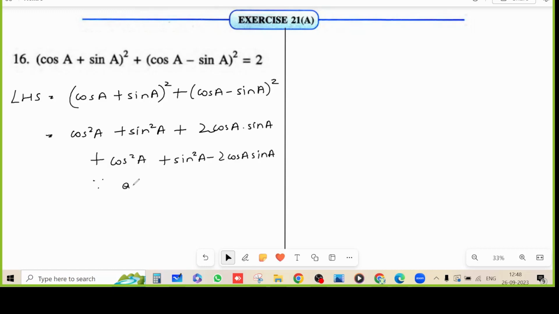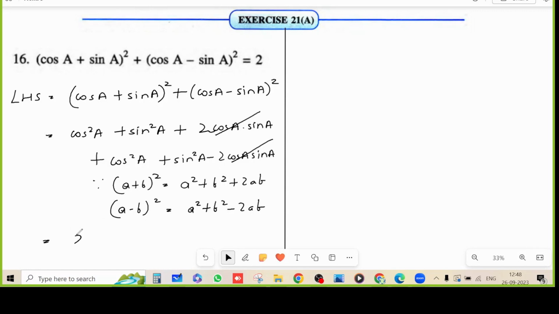The formulae that we have used are A plus B whole square is equal to A square plus B square plus 2AB, and A minus B whole square is equal to A square plus B square minus 2AB. Now 2 cos A sin A and minus 2 cos A sin A will get cancelled out. So we are left with 2 cos square A plus 2 sin square A. Now we will take 2 common here.